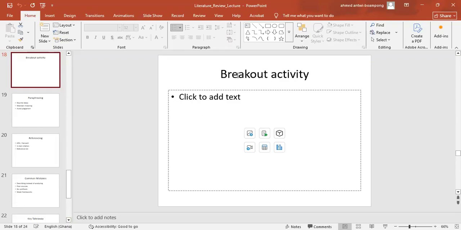What time are we finishing this lecture? 5 p.m. At 5? Oh, okay. Then the breakout is a long one. We can't do that. I would share the breakout with you so that you will do that as a group assignment and submit.